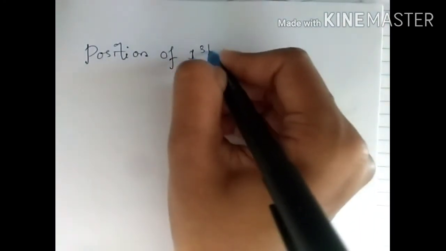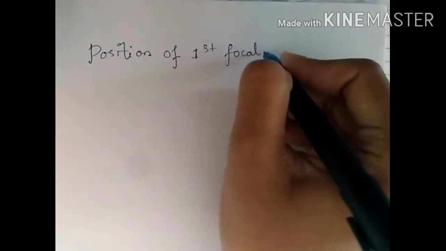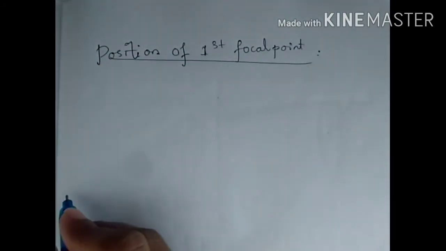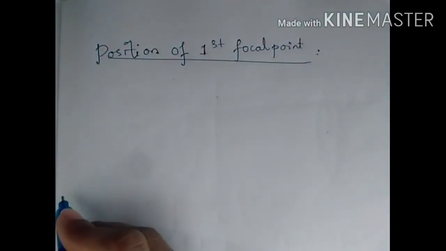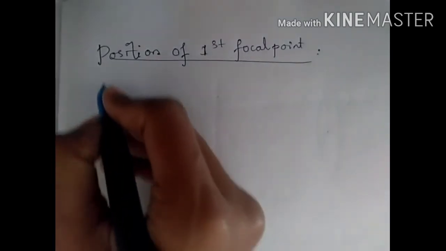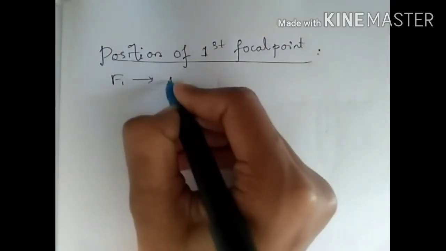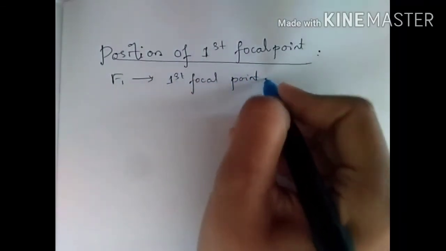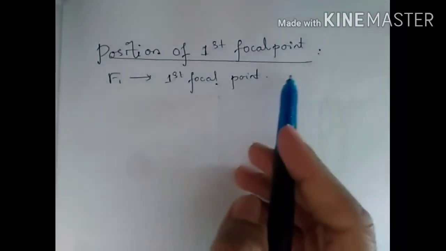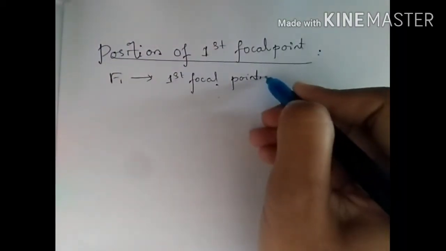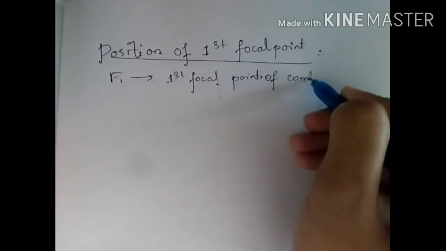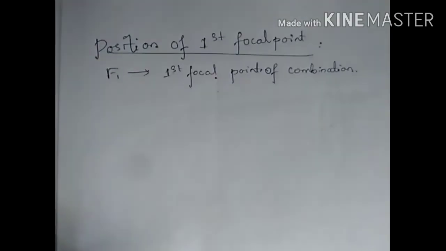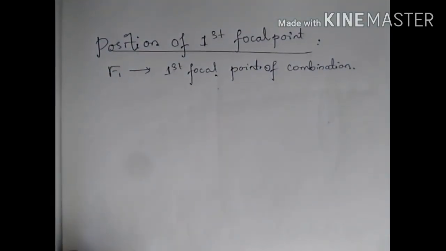In the figure, F1 is the first focal point. This is the first focal point of the combination of lenses. So how many lenses do we have? We have 2 lenses. So this is the first focal point of 2 lenses.